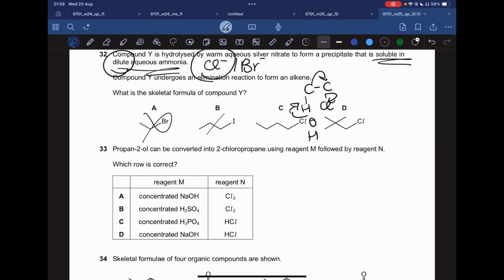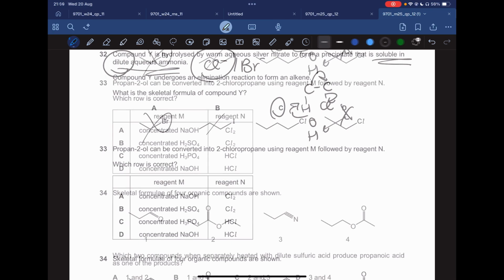Now you can see here with D, there is no neighboring H. These are both methyl groups. So we're going to look at C being the correct answer.